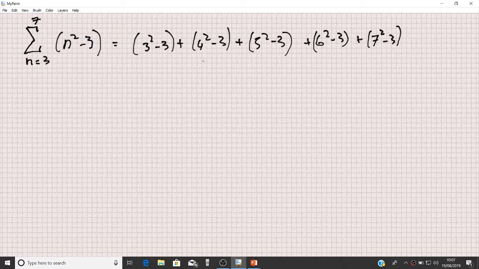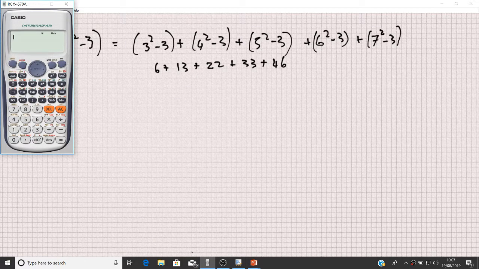So what have we got here? We've 9 minus 3, we've 6, plus 16 minus 3 is 13, plus 25 minus 3 is 22, plus 36 minus 3 is 33, plus 49 minus 3 is 46, and we can just quickly pull up the calculator to do that.